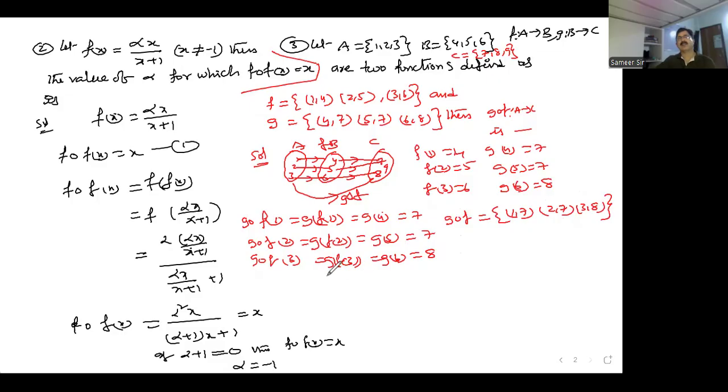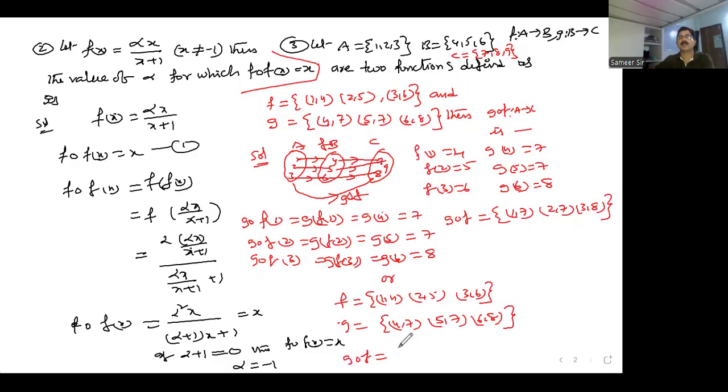Okay, there is another method also. Instead of doing all these things, you write like this: 1, 4, 2, 5, 3, 6. Later on, write g second, because if you want to find g circle f, first write f, then afterwards g. g is 4 to 7, 5 to 7 and 6 to 8. Then you can directly write the answer for g circle f.